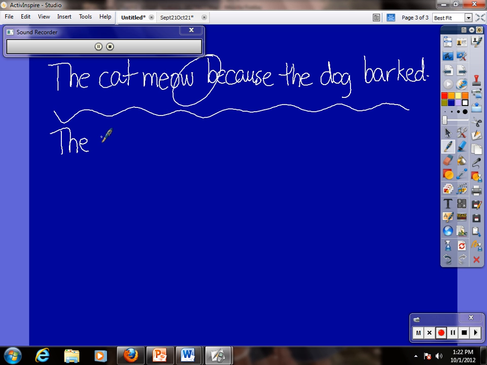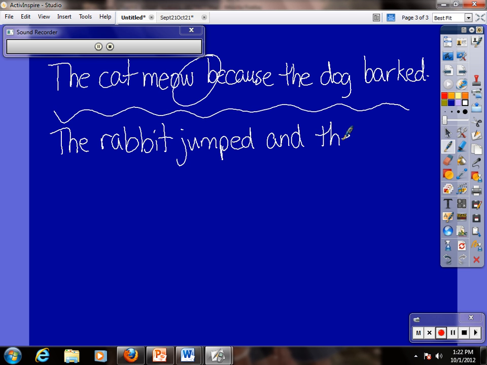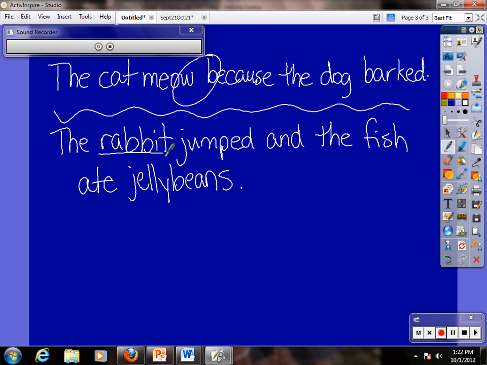The rabbit jumped and the fish ate jelly beans. Okay, so the rabbit jumped and the fish ate jelly beans. The rabbit is my subject, jumped is the verb.